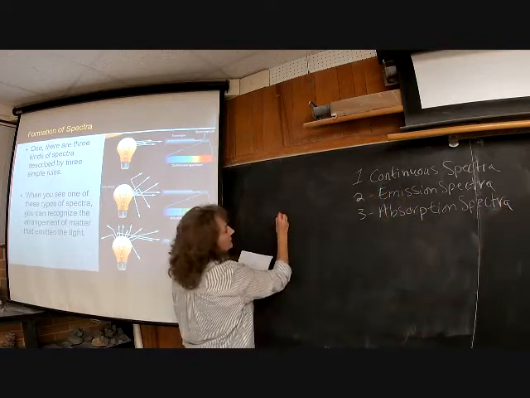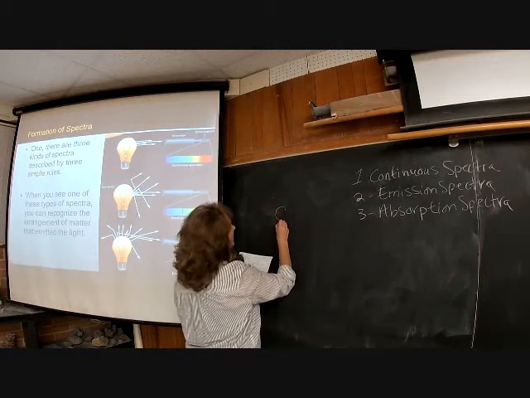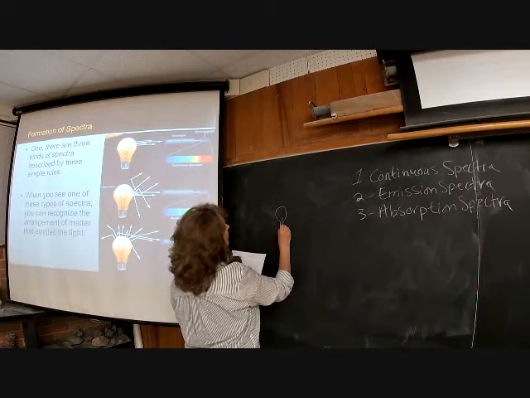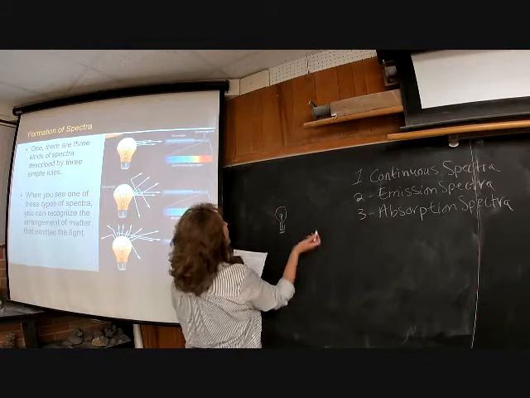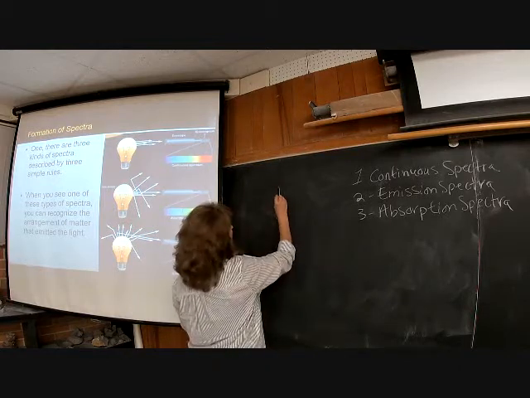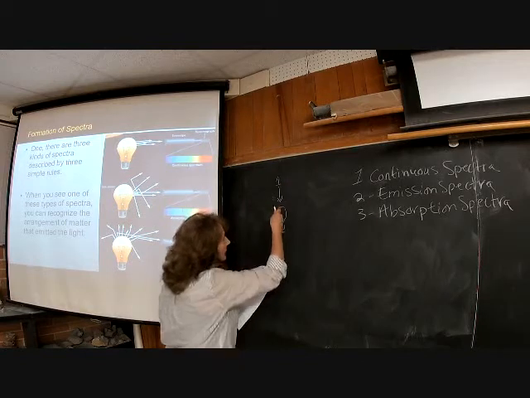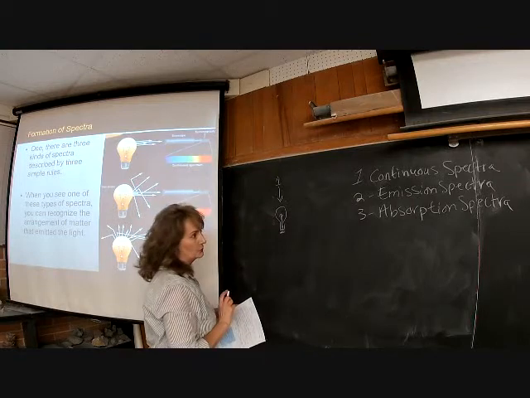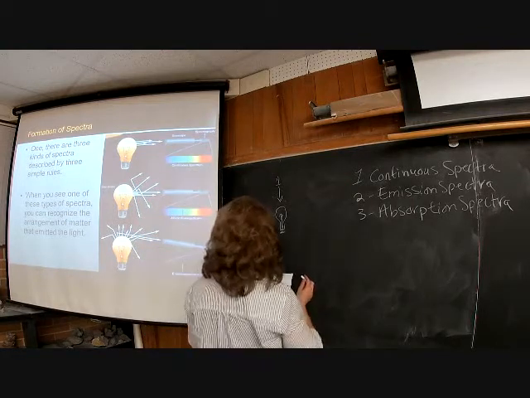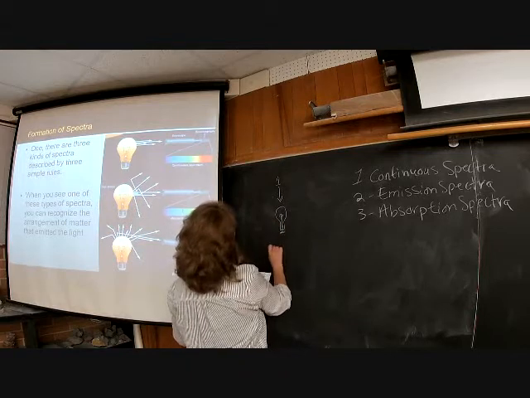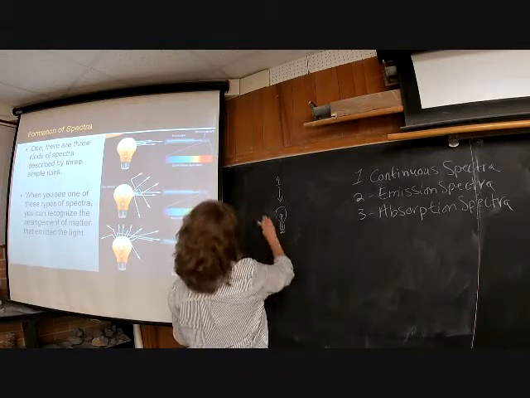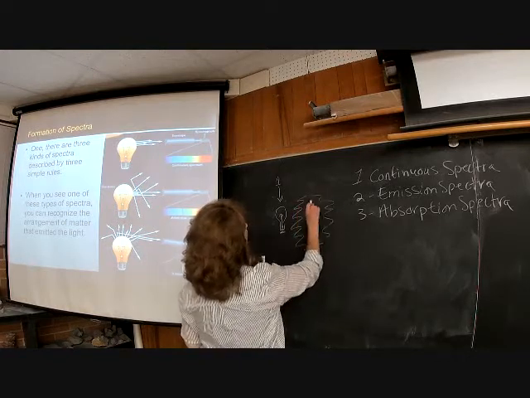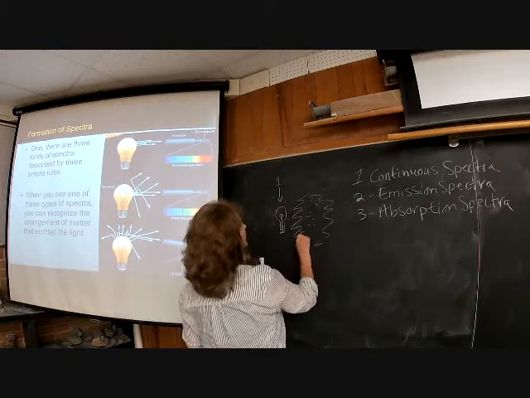Let me try to draw here for you a little light bulb, with some filaments in it, and it's putting out some light. If we were to look directly at that incandescent light bulb, that would be a continuous spectrum, okay? For the emission spectrum, say now we've got this cloud of gas. I'm going to put it over here, so it's not interfering with our number 1. Okay, this is a cloud of gas.